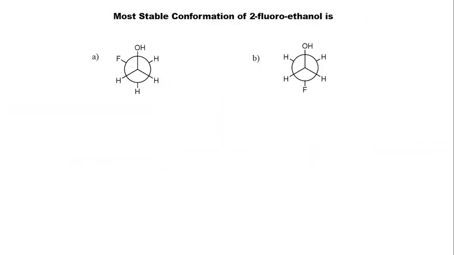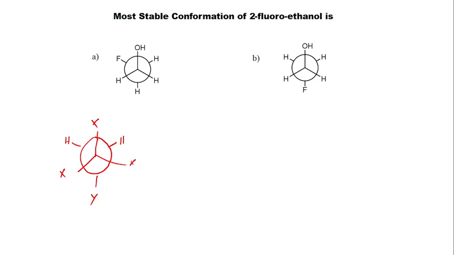Okay, this is also an interesting problem. The most stable conformations among these two are what? Normally, what happens if we have two different groups? Let's generalize, let's say it is X and it is Y. Then what happens?